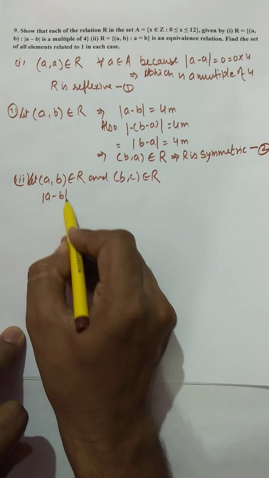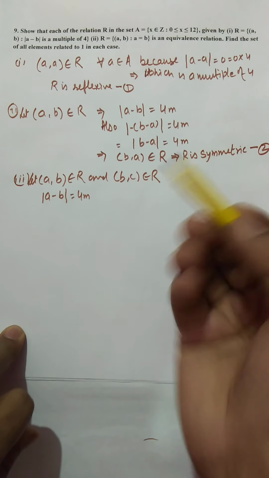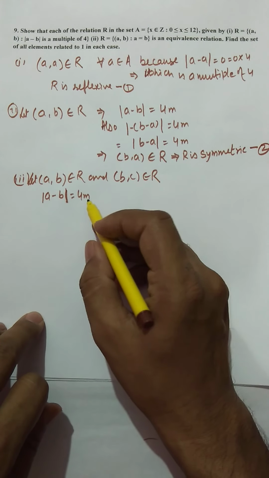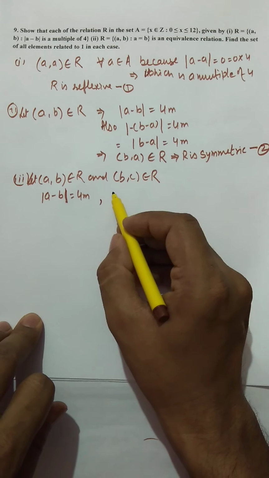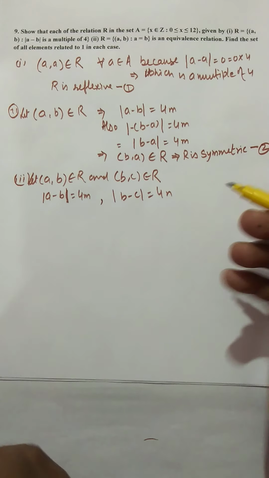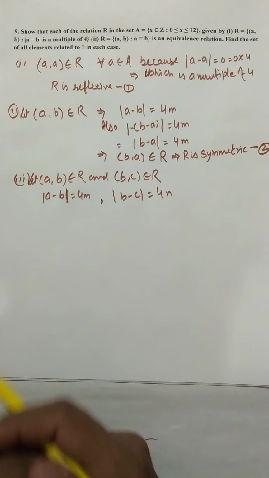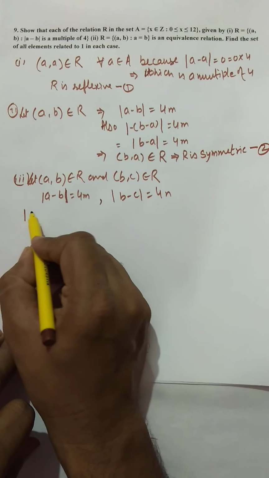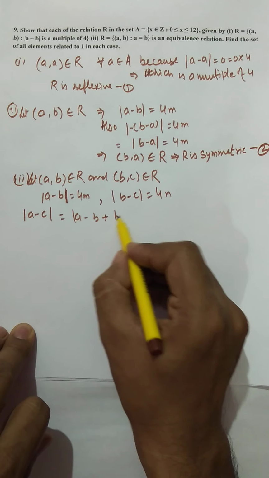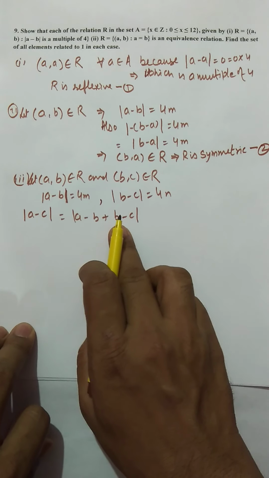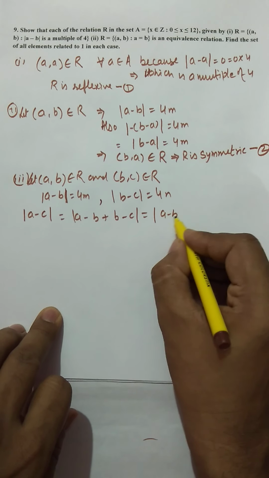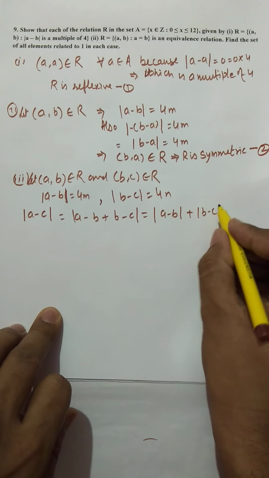It means a minus b is a multiple of 4, I can say this is 4m, where m is some whole number, and (b, c) means b minus c is equal to 4n, where n is some whole number. Now we have to show that (a, c) belongs to R. If I take a minus c, I can add b and subtract b also, so that we can use the modulus property, and this is equal to a minus b plus b minus c.